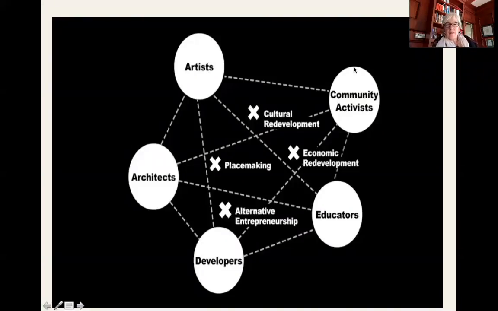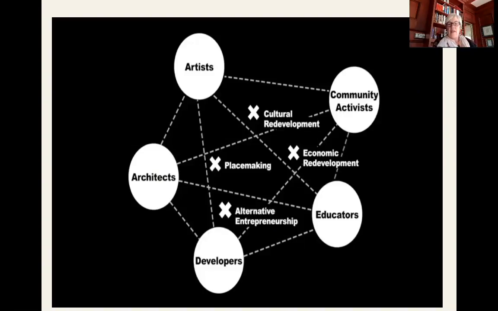So this diagram just articulates this a little bit more, this idea of this constellation, to move away from the architect-developer approach to the architect-developer, educator, community activist, and artist, which I think is really good.